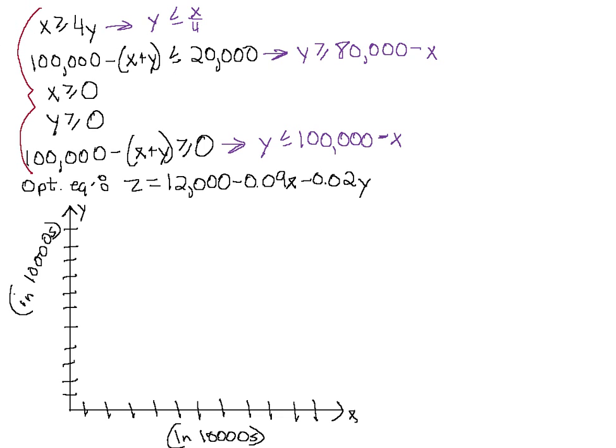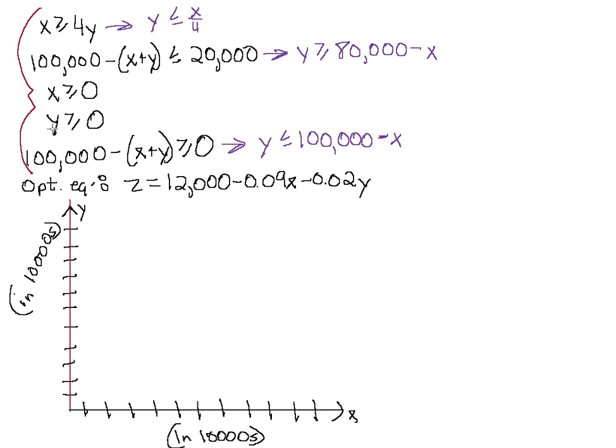So we have our first constraint. Let's go ahead and deal with these 2 constraints first, because these are kind of important. The first constraint is x is greater than or equal to 0. What this means is we're going to have a vertical line at x equals 0, or a line superimposed on the y-axis.